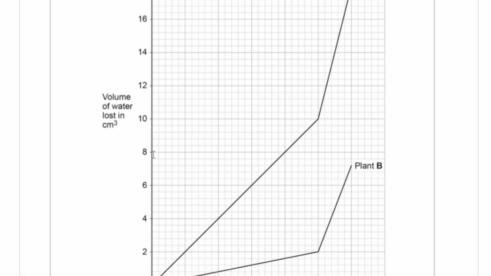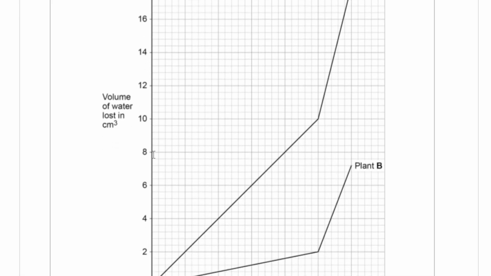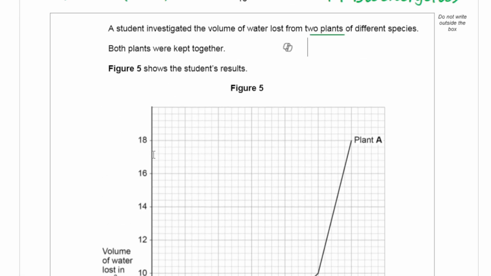The amount of water that is lost in plant A is much bigger than in plant B. Plant B is about 7.2 centimeter cube, whereas plant A is about 18 centimeter cube.